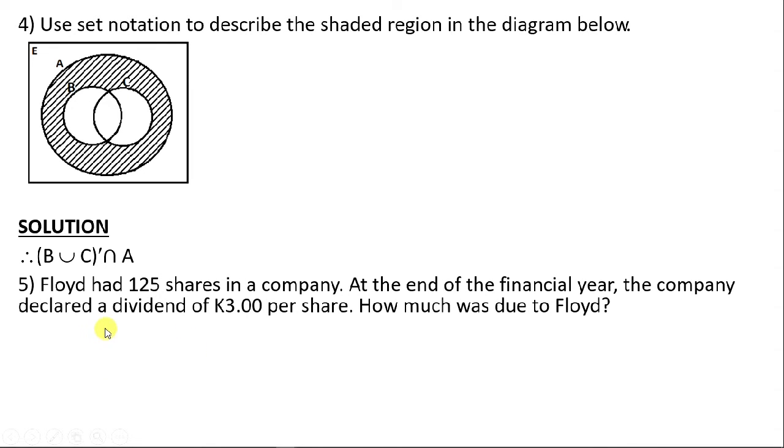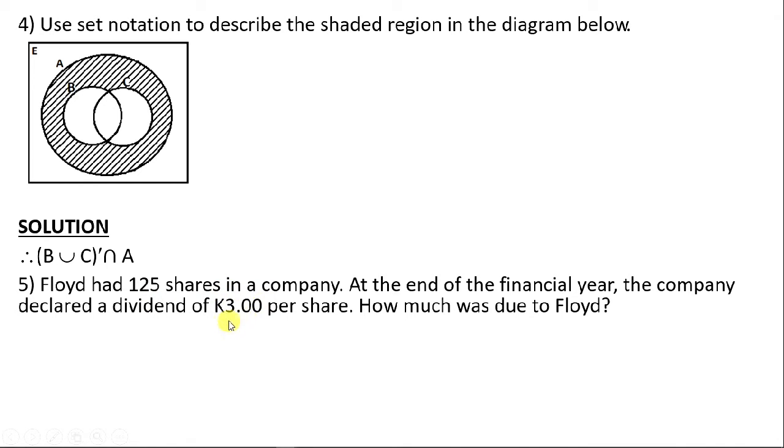We continue. Floyd had 125 shares in a company. At the end of the financial year, the company declared a dividend of 3 kwacha per share. How much was due to Floyd? Now, this one is a direct proportion, and the word dividend means a profit. So, Floyd had 125 shares.